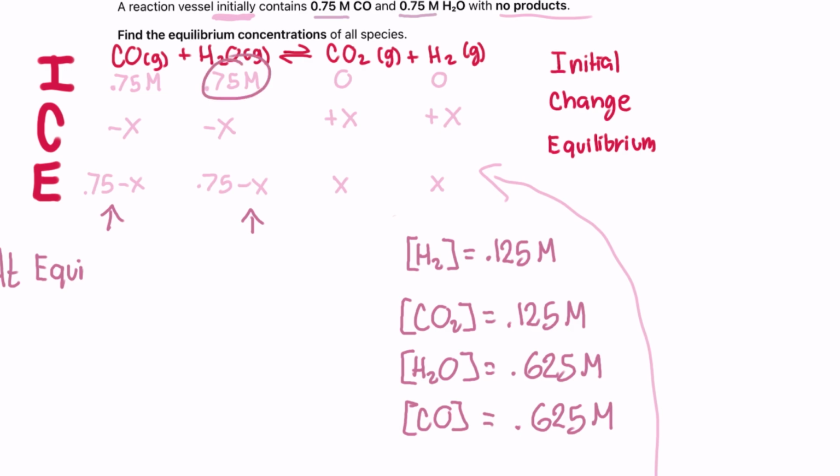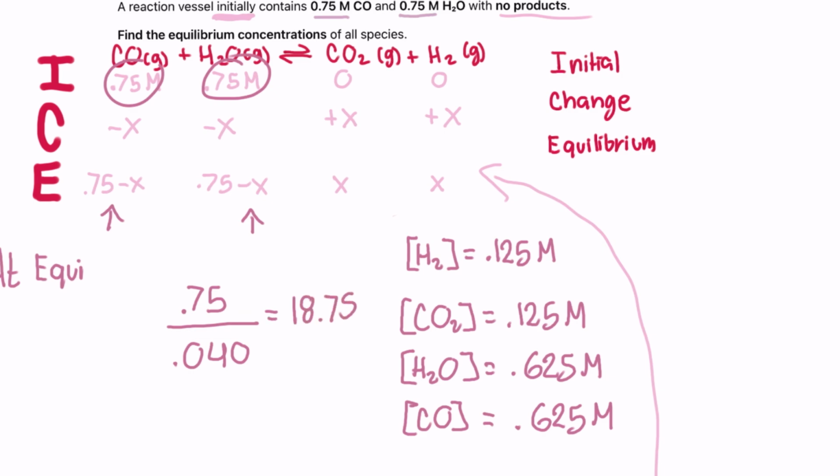We have initials here, so we will plug in the initial concentration, and we have our Kc, which was 0.040. If we divide this, it is 0.75 over 0.04. This gives me 18.75.